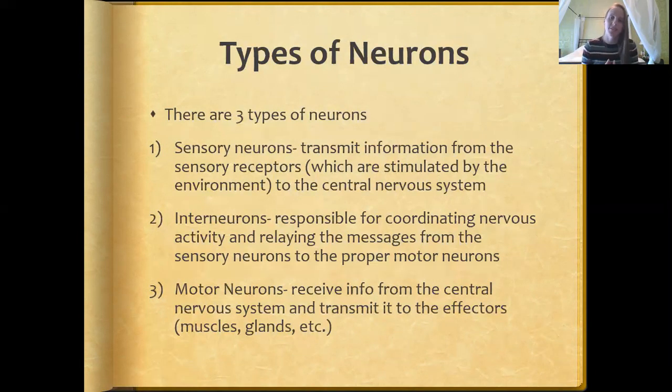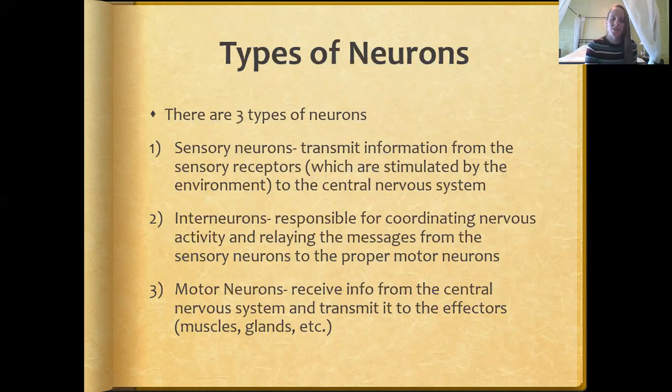So a lot of our sensory neurons that we think of are in things like our eyes that allow us to see, or in our nose to allow us to smell, or in our mouth to allow us to taste. You have sensory neurons all over your skin that allows you to feel touch, stuff like that. So sensory neurons are obviously all over the outside of our body, but you also have sensory neurons inside of your body that can detect things like osmotic pressure in your blood or changes to pH, stuff like that.